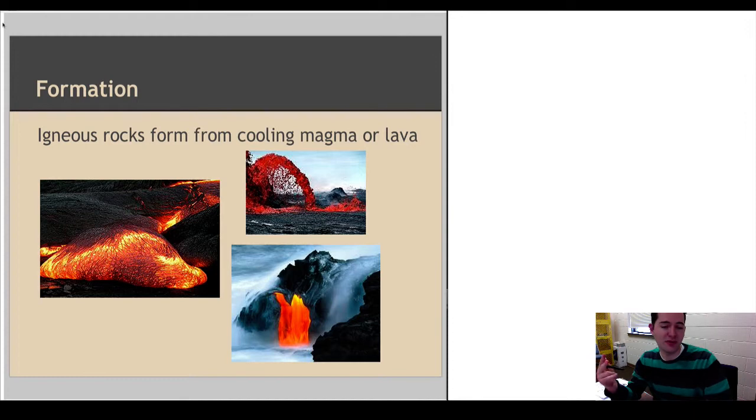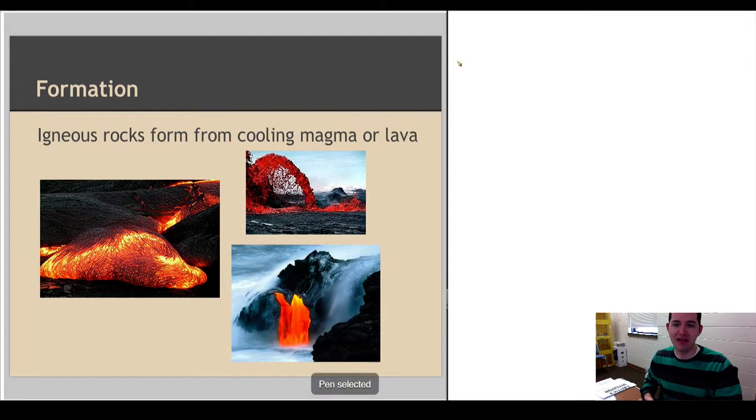So igneous rocks form from either magma or lava. Okay, so if we're looking at magma or lava, what is the difference between those? Magma is below ground, is our main difference, and lava is above ground.